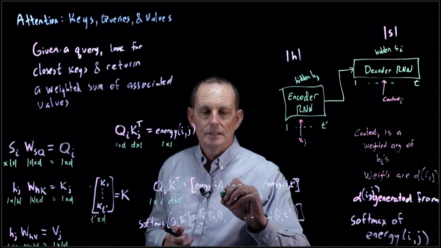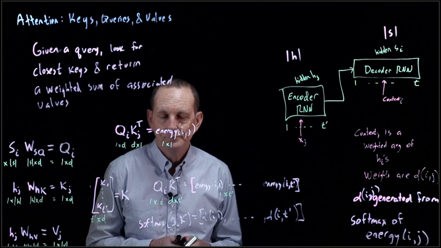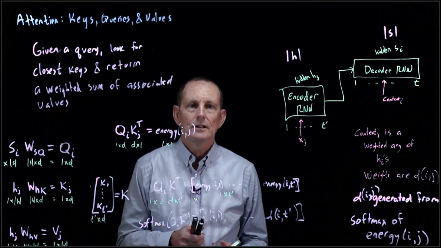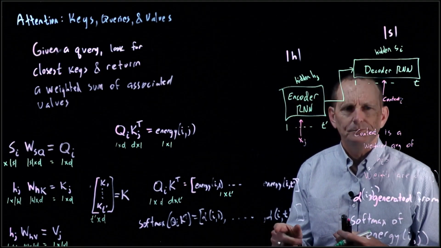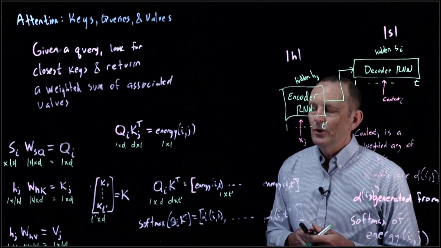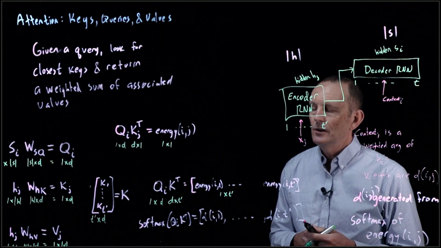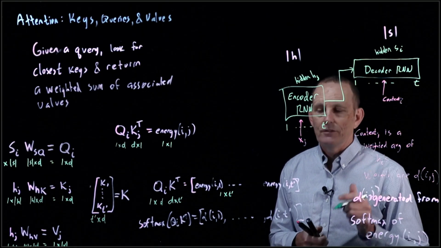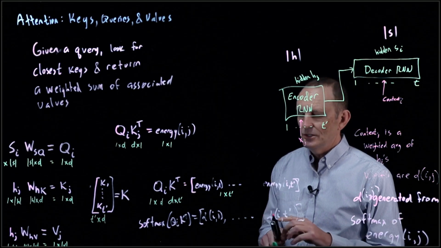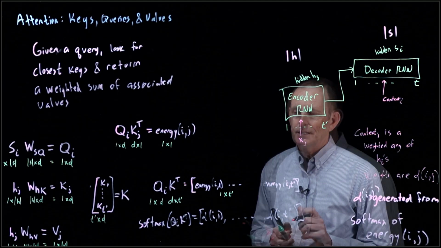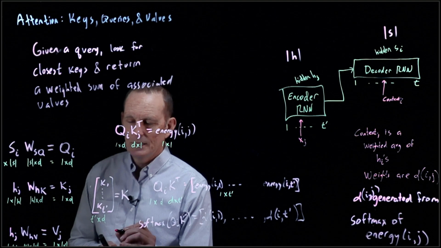And again, this is the size 1 at t prime. So this gives us all of our alphas. And now we can go ahead and do our computation of our context, right? We can just say that the context, so let's look at V for a second.